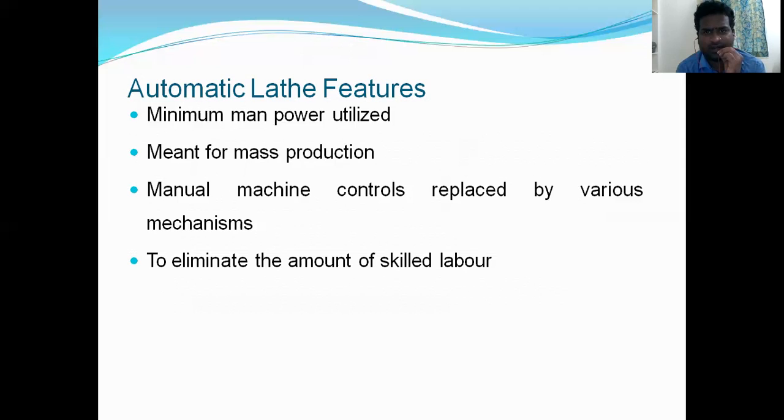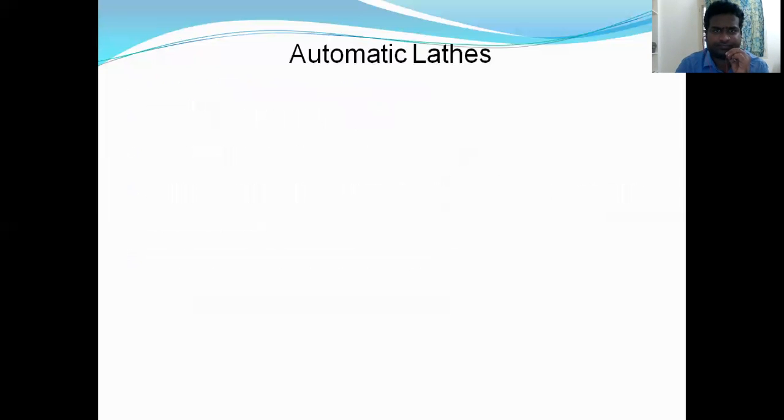But in automatic, everything is done by the machine itself, and the controls are also in the hands of the machine. So there is no need of skilled labor. Even unskilled labor can do the machining work. Understood? So it eliminates the amount of skilled labor.